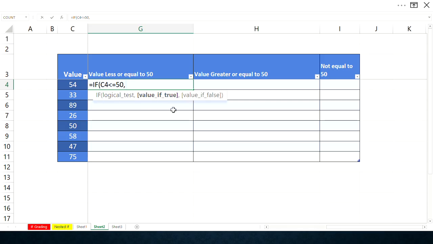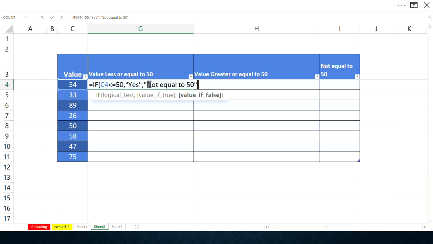Where it turns out true, we can say yes, for cases where it is less or equal to 50. Less or equal to 50, yes. But otherwise, the otherwise condition, those that are below 50 and equal to 50, yes.